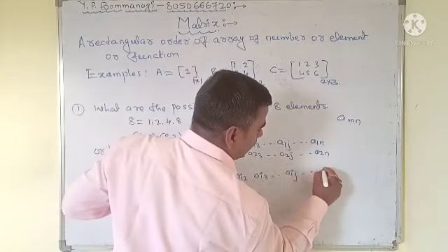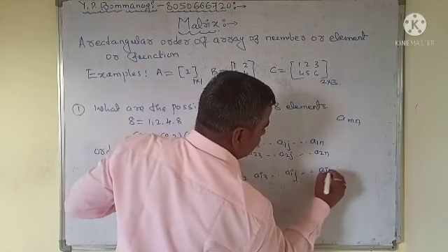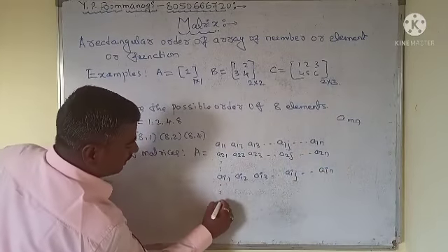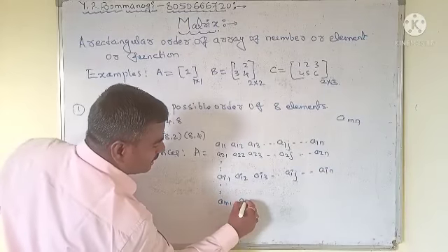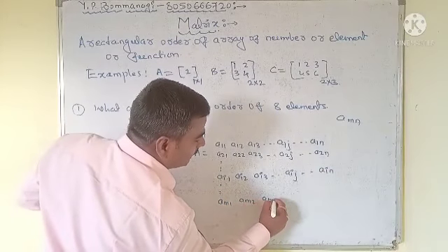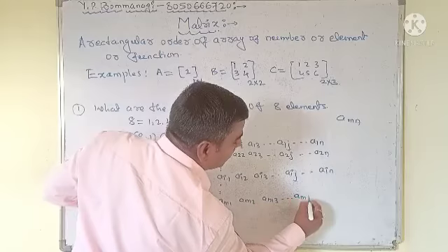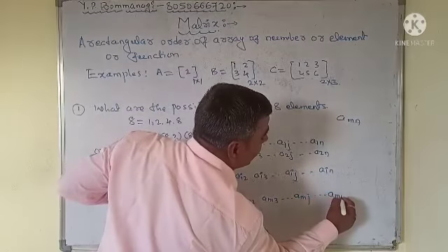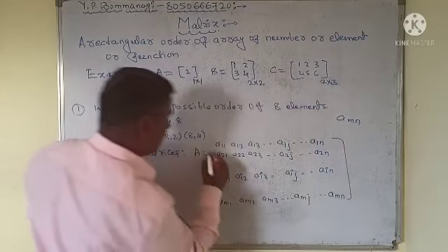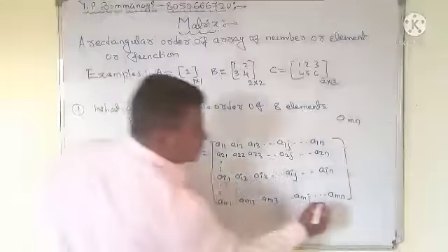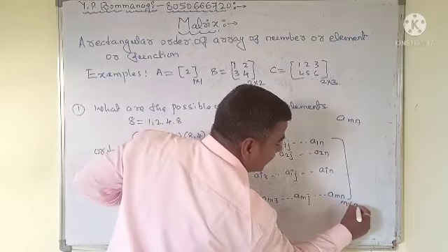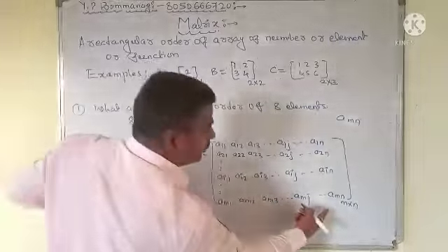This is in the form of a product, so M cross N.